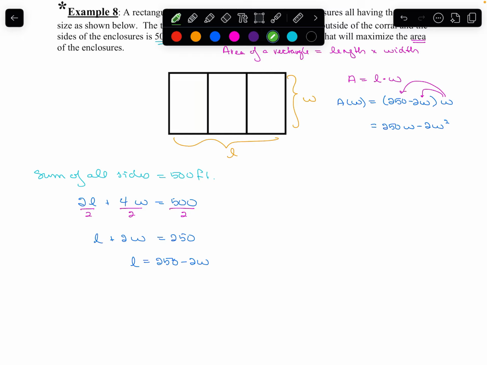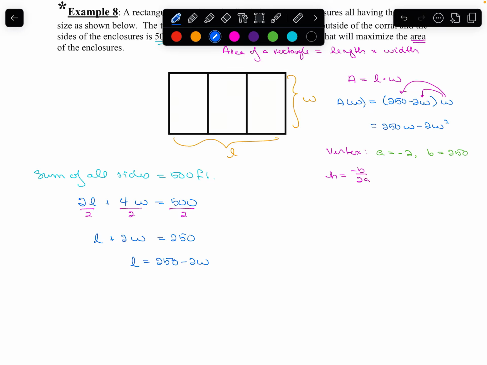And then it's here that I can see A and B because I want to maximize. The whole idea here is maximizing. Whenever I see this maximization, that means I'm looking for the vertex. So when I look for the vertex to maximize, I need to find A, which is -2, and B, which is 250. So H is equal to -B over 2A.